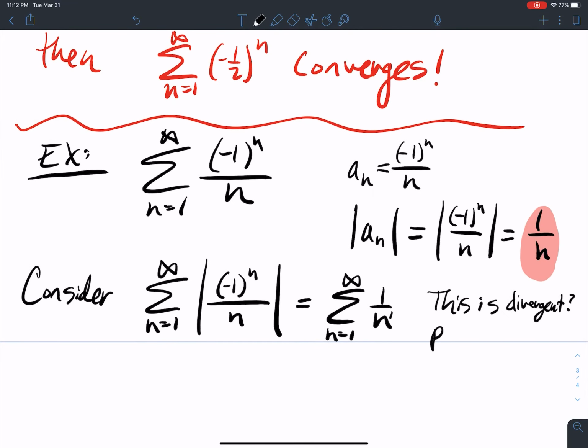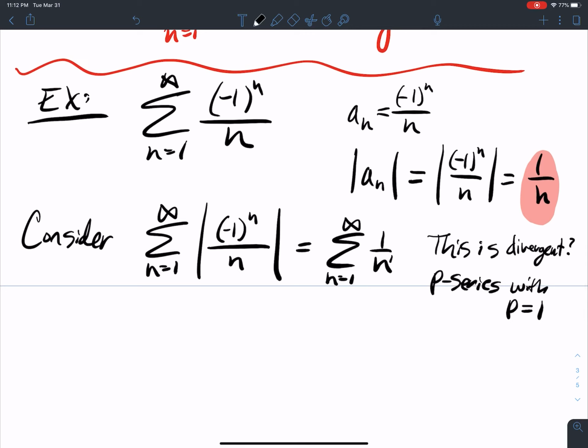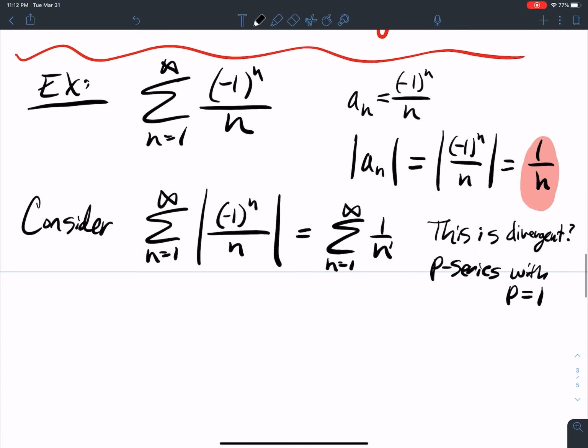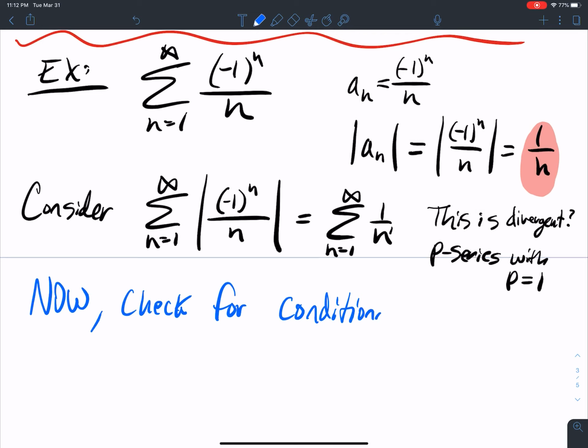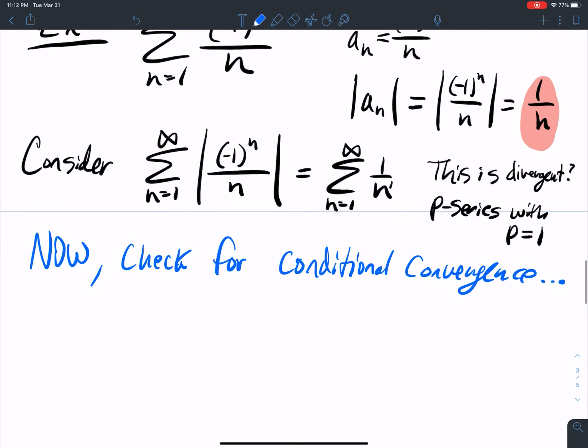It's a p-series with p equal to 1, which is less than or equal to 1. So what does that tell me? That tells me that the series of the absolute value of a_n diverges. Now, what are we going to do since that failed? Now, we check for conditional convergence.